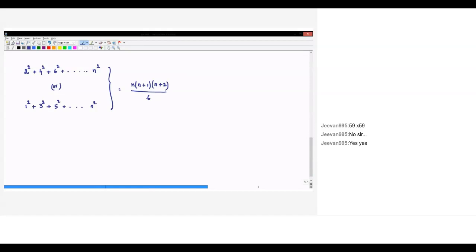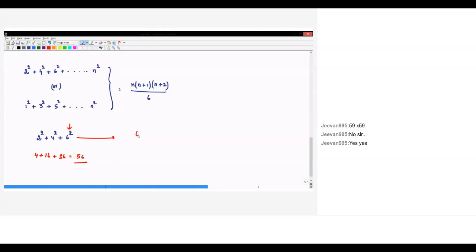Now check the formula. What is 2 square plus 4 square plus 6 square? Normally the value is 56. Substitute in the formula because the last term is n only here. So it is 6 square, n is equal to 6.